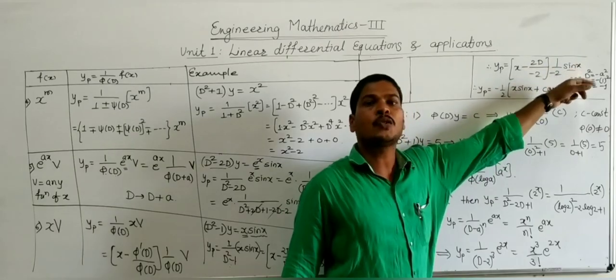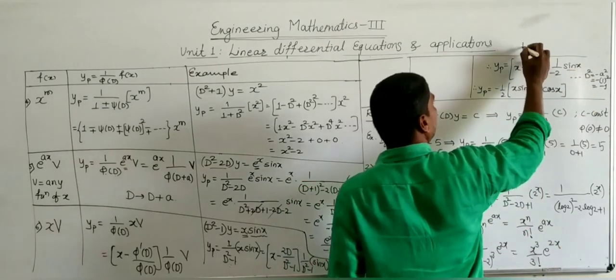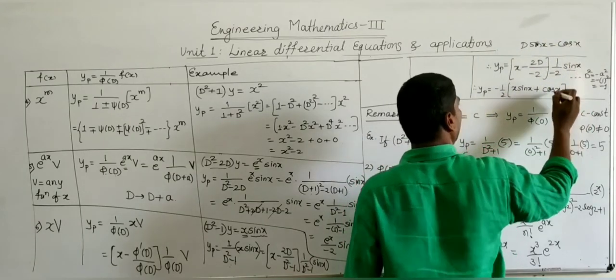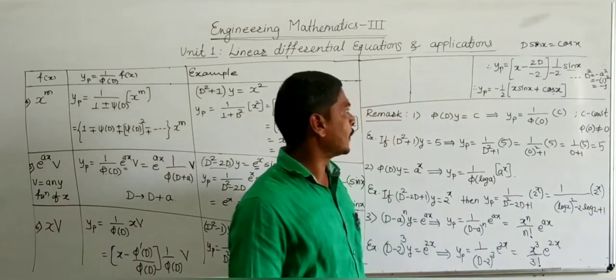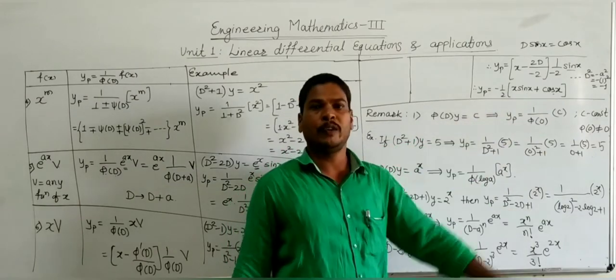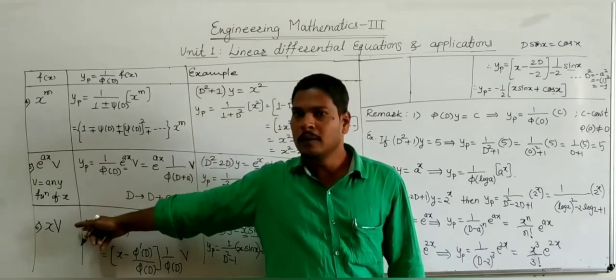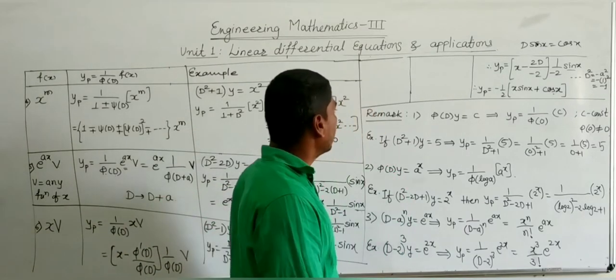D into sin x means derivative of sin x. Derivative of sin x is cos x. So in that way we get plus cos x. So this is our yp for the function x into sin x using shortcut case number 6.